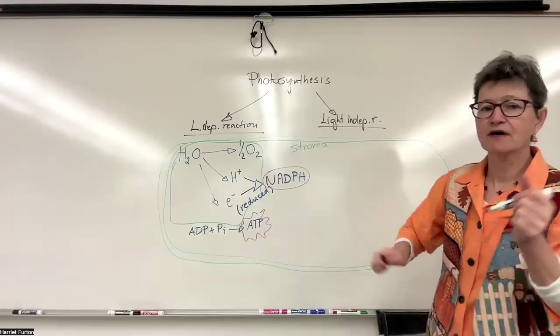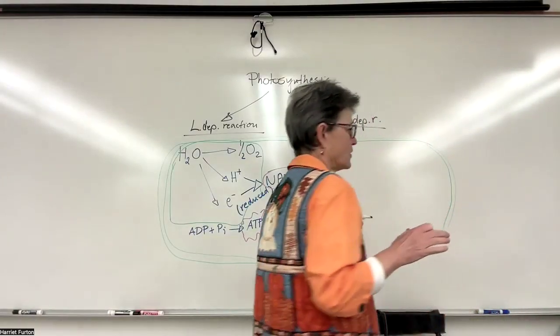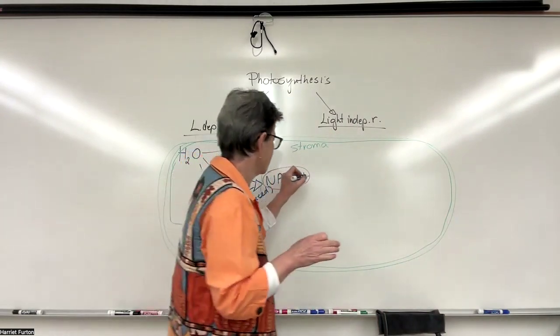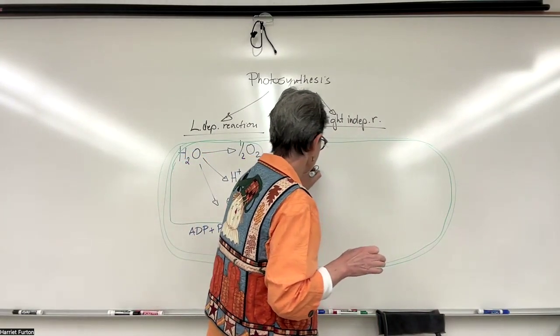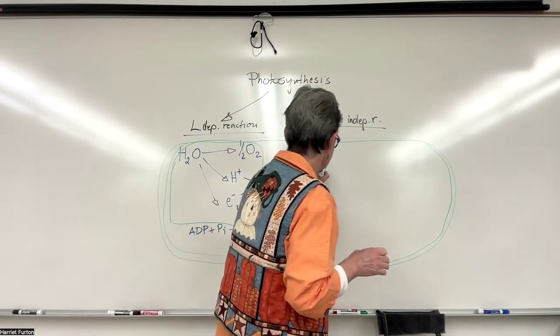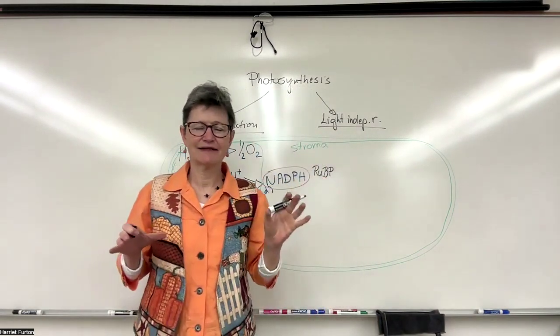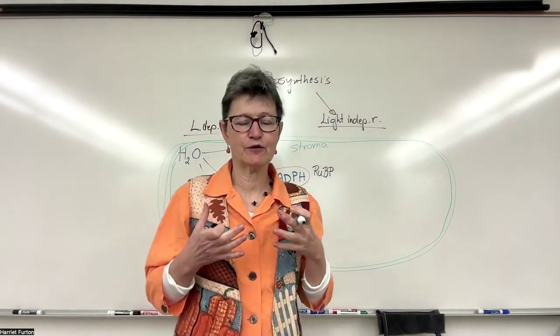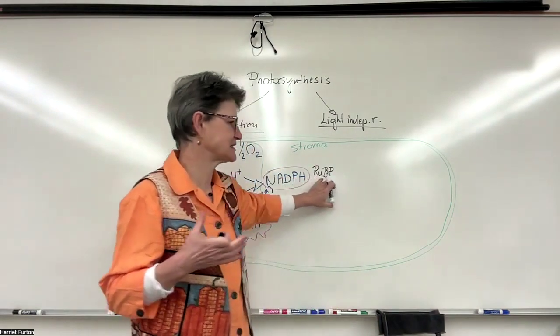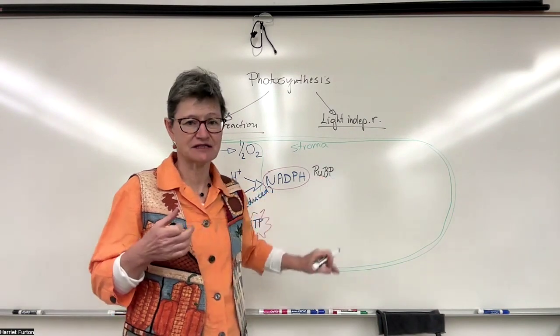In the stroma, we have a molecule called the ribulose biphosphate, RUBP. You do not really need to know those names, but I just say it's coming from the ribulose biphosphate.